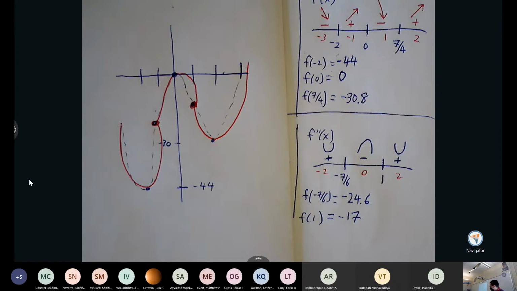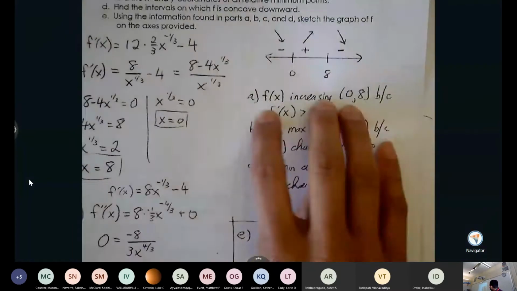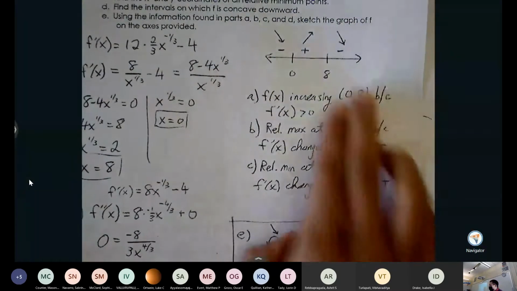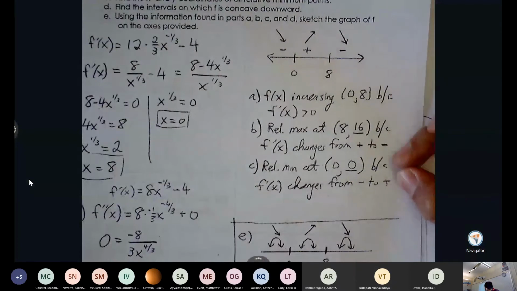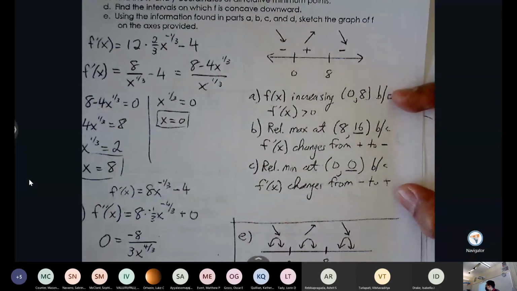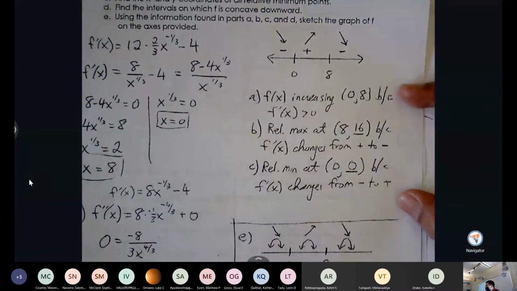On the test, it's going to ask for information about relative max, relative min, and it's going to ask you to write out statements. But I'm going to ask that you do this at the very end. If you don't have time for this, it's minimal points. So don't spend time writing it out until you have time at the end.